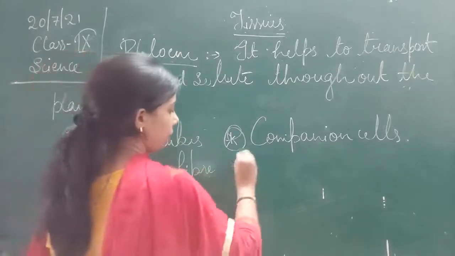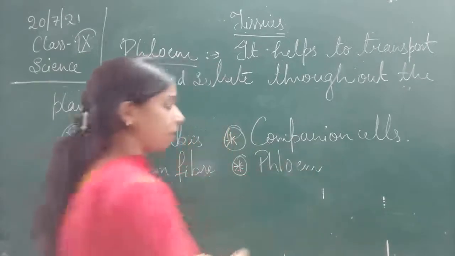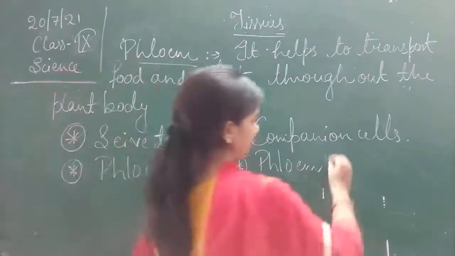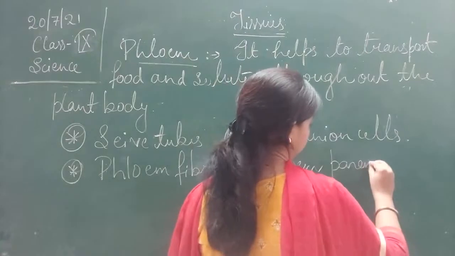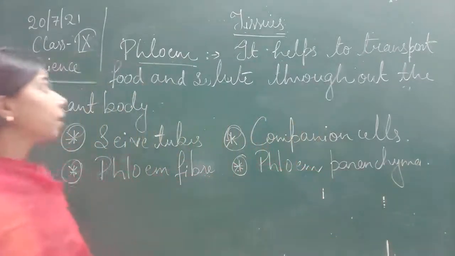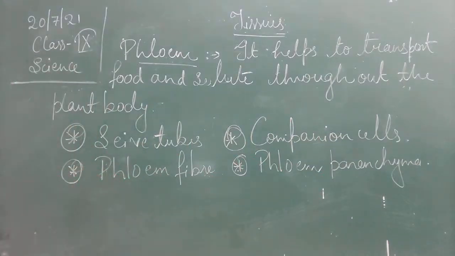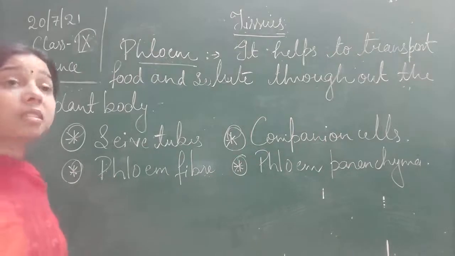And the fourth one is phloem parenchyma. These are the 4 elements of the phloem. Starting with the first one, students, and that is the sieve tubes.